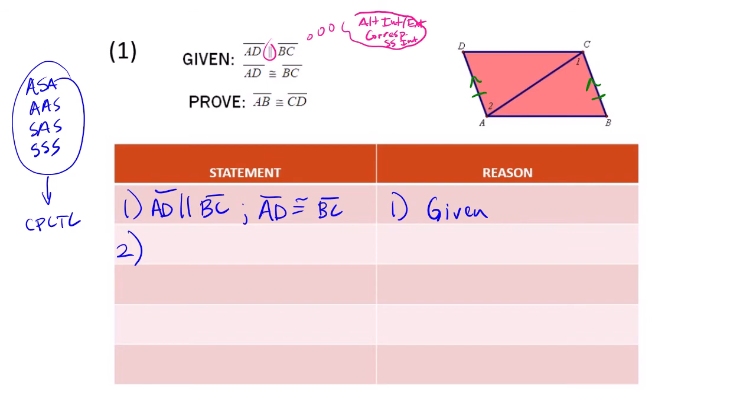I'm going to say BCA is congruent with angle DCA, or DAC, excuse me.